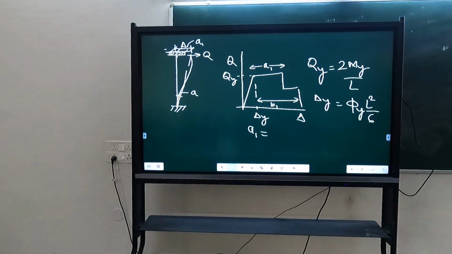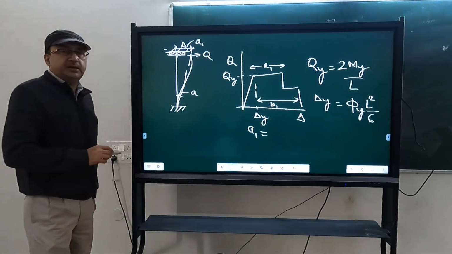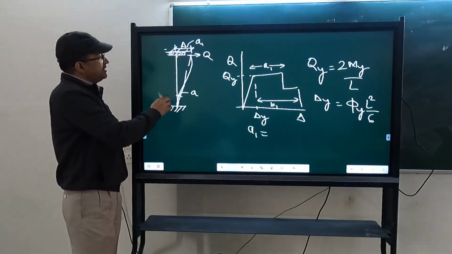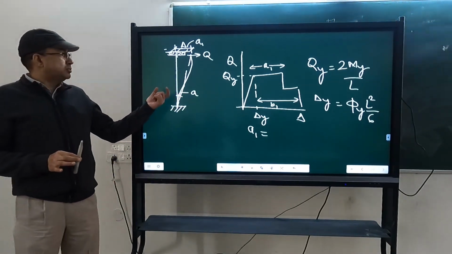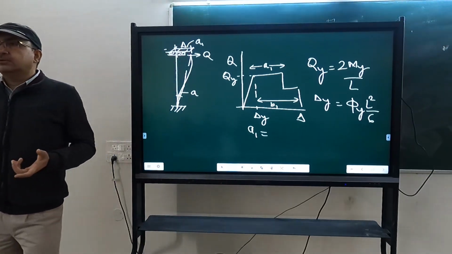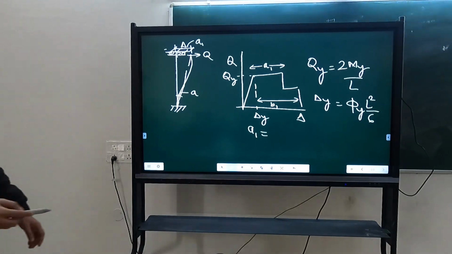A was plastic rotation in radian. So some plastic rotation is occurring here. Actually first it will be elastic and then plastic rotation will occur. I have not shown the elastic part; I have shown schematically that if this is A, how much will be A1? A times L.